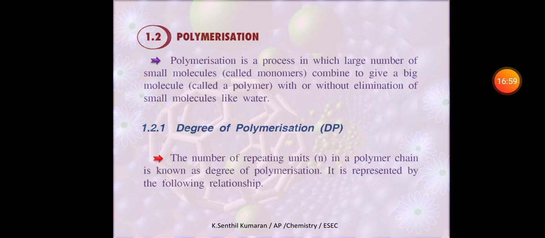Here a large number of small units like monomers combine together to form a big molecule, called a polymer, with or without elimination of small molecules like hydrochloric acid, water, etc. Once again I repeat the polymerization definition.